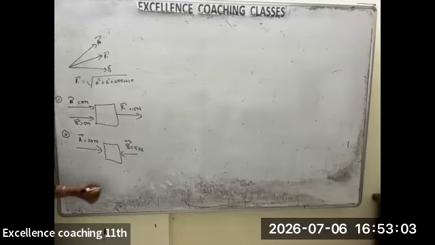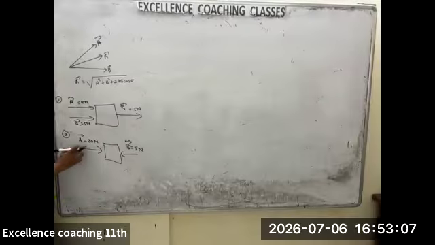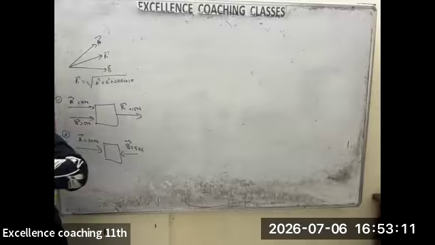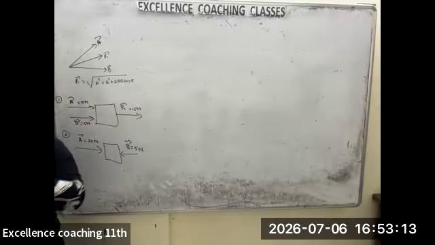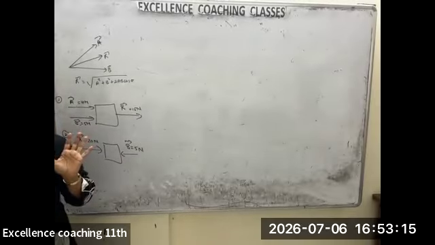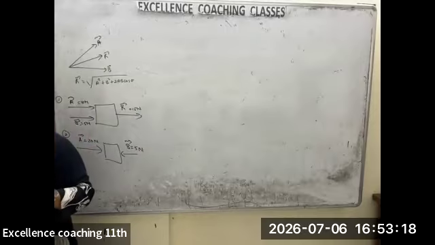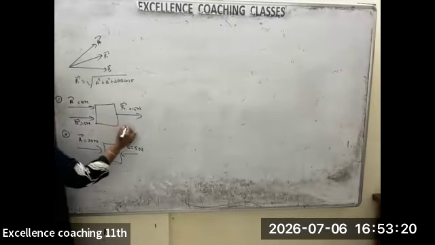So how much is the total resultant force acting on this? 20 minus 5. How did you do it? If two vectors are going in opposite directions, either this way or this way, what should be the resultant? You have to subtract. Here what you are doing?